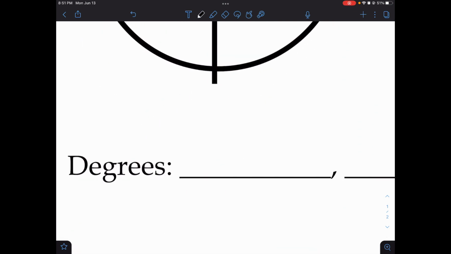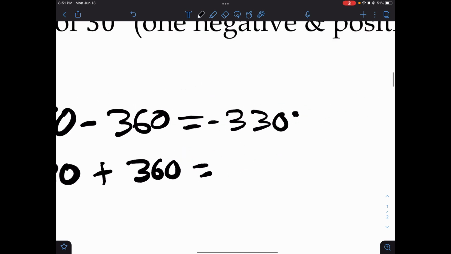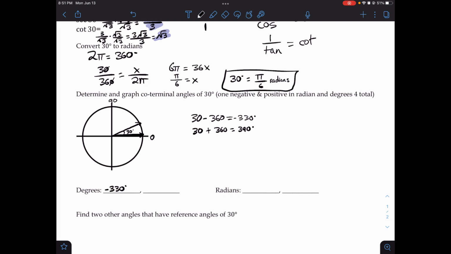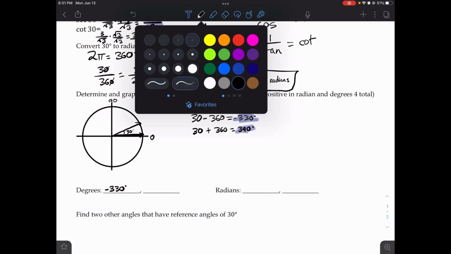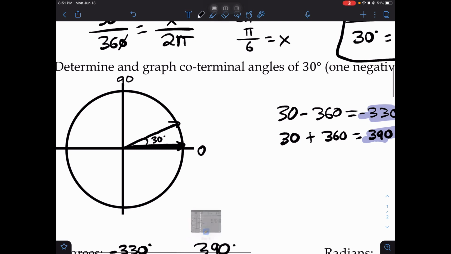Our first angle is negative 330 degrees, and then we can add 360 to find another coterminal angle, which will be 390 degrees. Okay, so right there, 390.